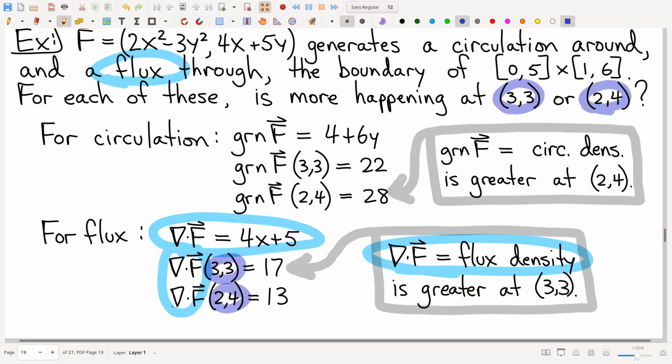Plug them in, and where is there more happening? Well, 17 is more. That's where the flux density is greater. So there is more of the flux originating from the point 3, 3 than there is from the point 2, 4. Is that cool? Everybody buy it?